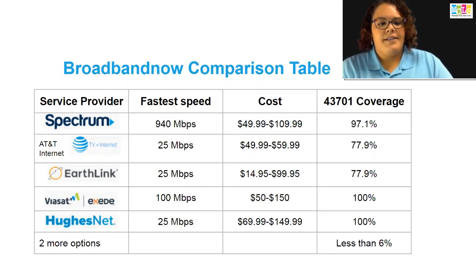Also, some of the internets that cover 100% don't have such a high megabytes per second. And then DSL versus satellite, they're different. They work different ways. DSL works through phone lines, and satellite works from satellite up in the sky. So one can be faster while the other one's more reliable. So this website really breaks that down and answers different questions that you might have.